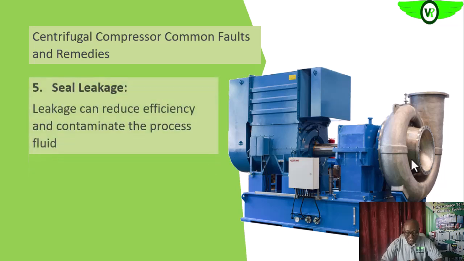So seal leakage, we know that can drastically reduce the efficiency of the compressors. Once the seal is leaking, that means that the compressed gas will be losing pressure, because we'll be releasing compressed gas into the atmosphere, and it depends on the kind of gas.